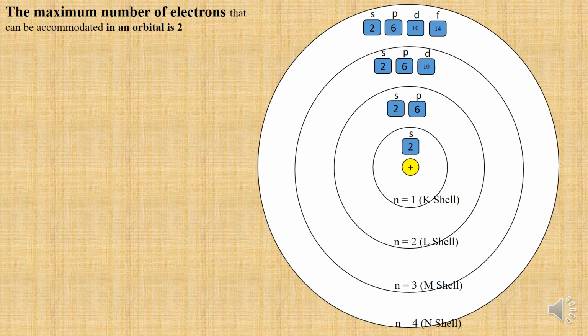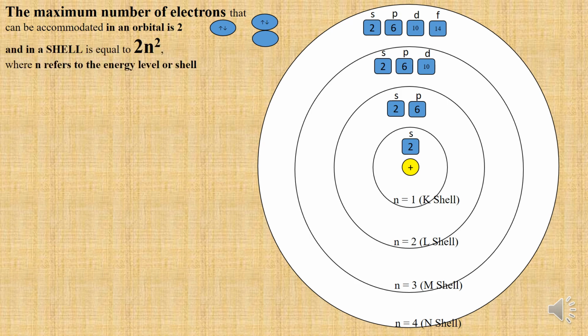Now, the maximum number of electrons that can be accommodated in an orbital is 2. It could be an s orbital or a p orbital. The maximum number of electrons is 2. While the number of electrons in a shell is equal to 2n², where n refers to the energy level or the shell number.